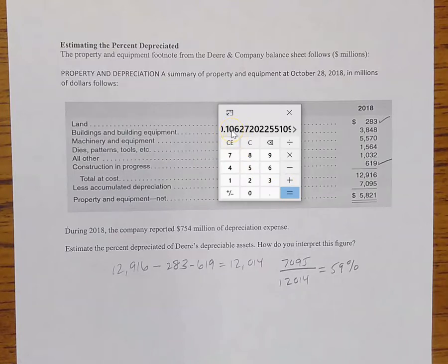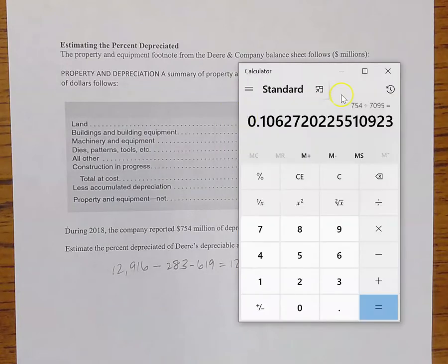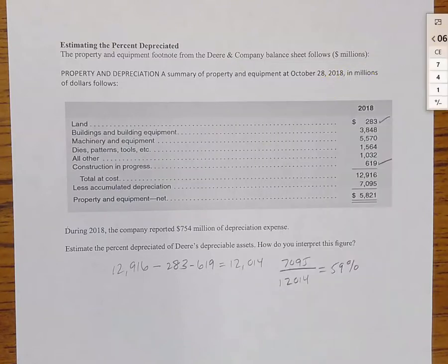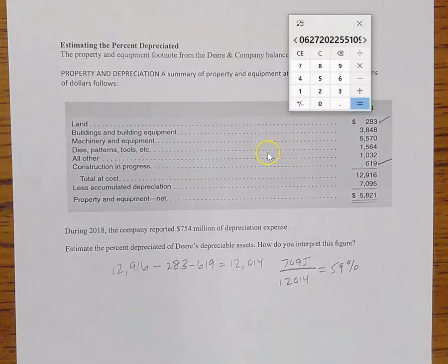All right. So if we realize that most assets are depreciated at a rate of somewhere between 20 and 40% per year, the fact that we only depreciated our depreciable assets by another roughly 10.6%, we can get some information from that.